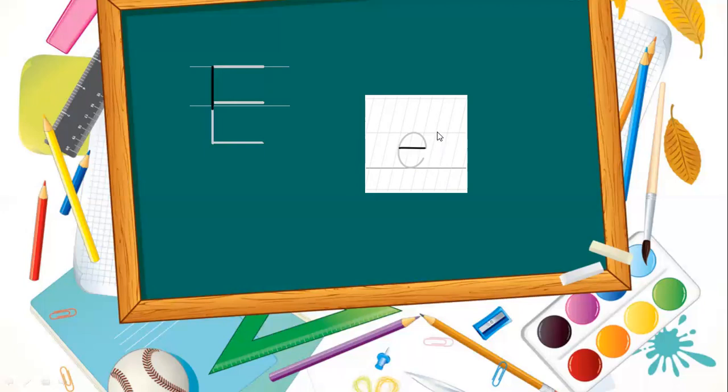Understood? This is our letter E. Look at this. This is the capital letter and this is the small letter E. Capital letter E, small e. How will you draw it? Look at this, okay?